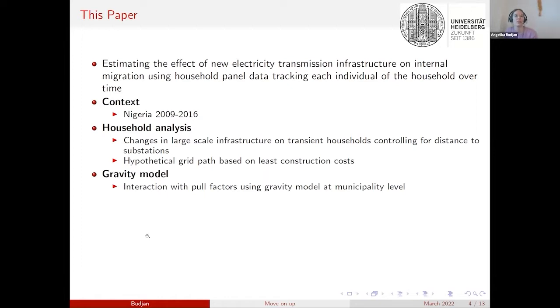And then I'm also constructing a hypothetical least cost grid path for the transmission grid to isolate supply side factors of the grid. And then in the end of the paper, I also have a few results on a gravity model of migration to look at the interaction of the migration effect from electricity infrastructure and other pull factors of migration.